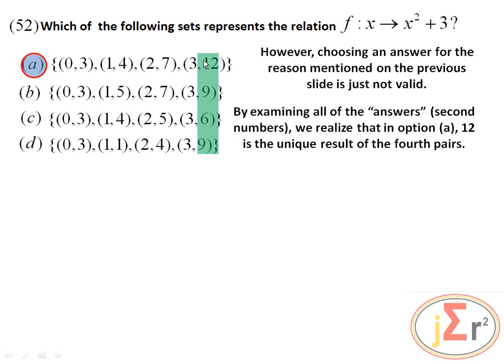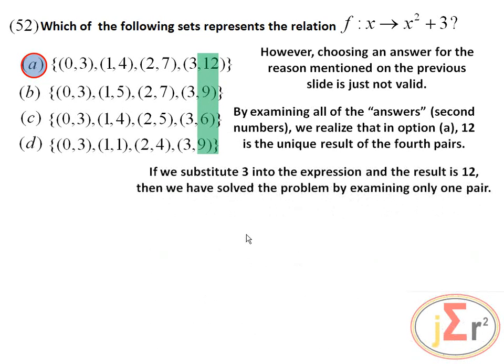So we say 12 is a unique result. 6 is also a unique one. But because of the uniqueness of 12, we will move merrily and examine that. If we substitute 3 into the expression and the result is 12, then we have solved the problem by examining only one pair. So we have f of 3, 3 squared plus 3, that is equal to 12.